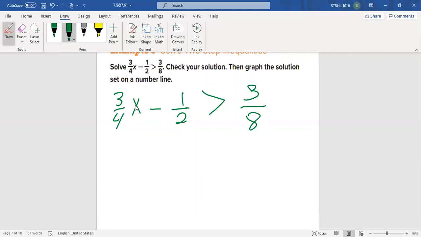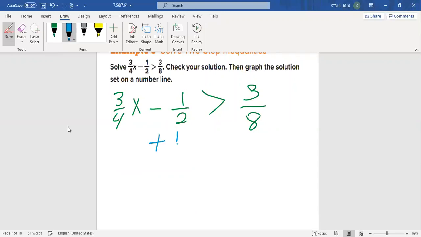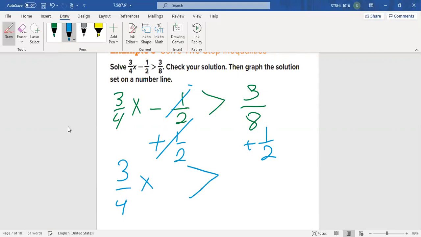I will start with the reverse of the order of operations. So how can I cancel it? By adding 1 over 2 to both sides. Cancel half with half. So 3 over 4x is more than 3 over 8 plus 1 over 2.